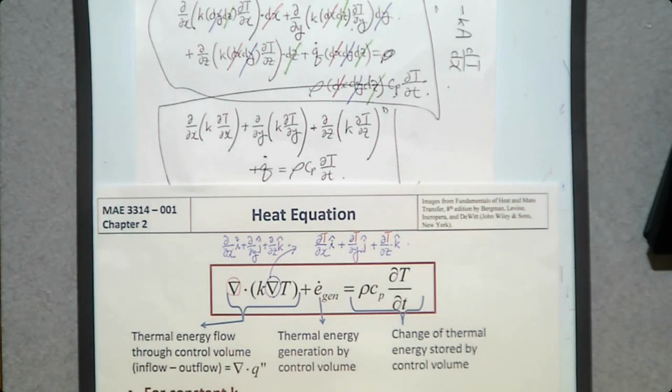The same thing. Whenever you see this upside down triangle, it means this form in Cartesian coordinate system. So we have an upside down triangle here, and we have a T. So that's why we put T here.